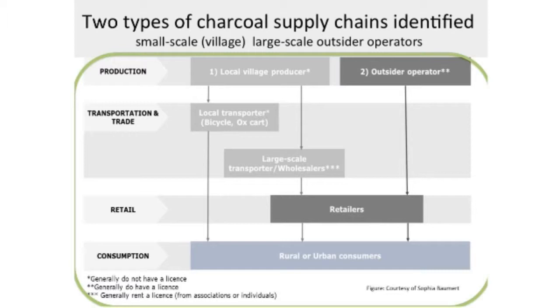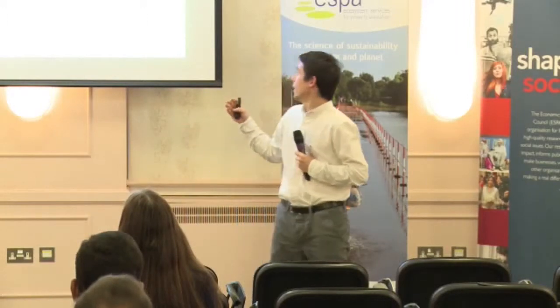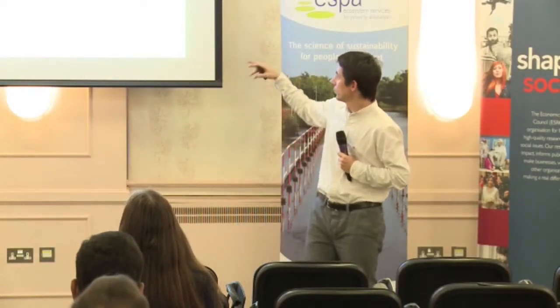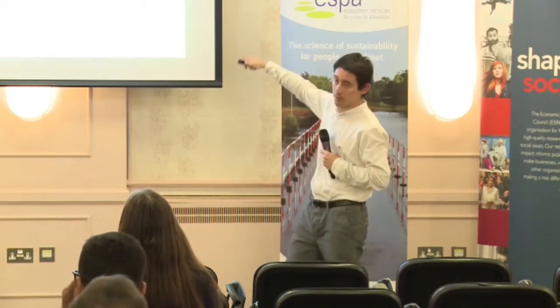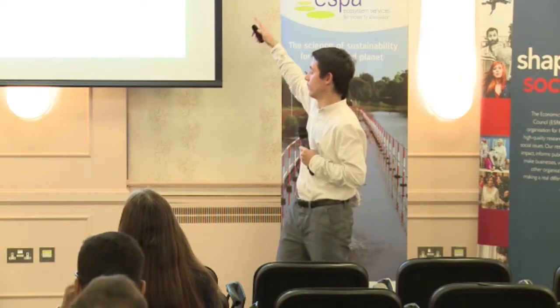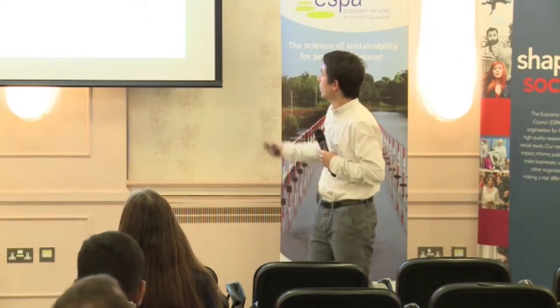In the outsider operator value chain, this operator contracts people for producing charcoal, usually from outside the villages, and they organize the transportation until the urban retailers. So they control most of the steps in the value chain.